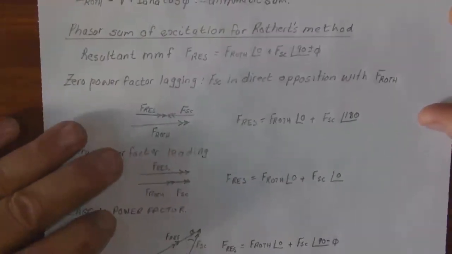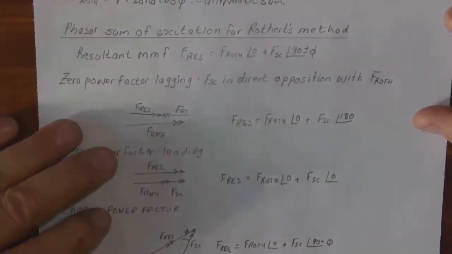The phasor sum of the excitation for Rothert's method, the resultant MMF, F res, is F Roth at angle 0 plus F short circuit at 90 plus or minus phi.